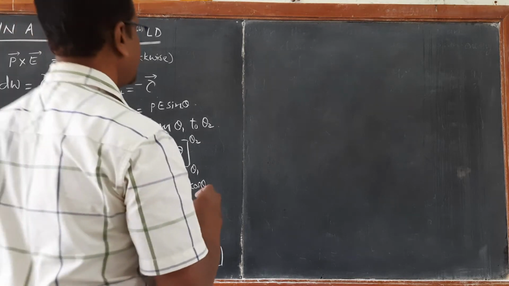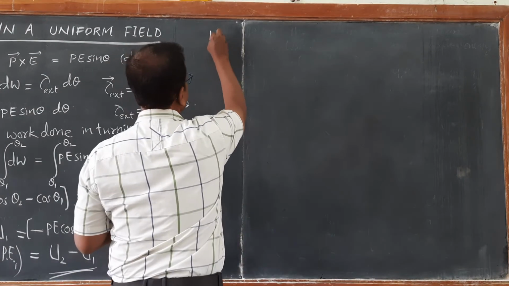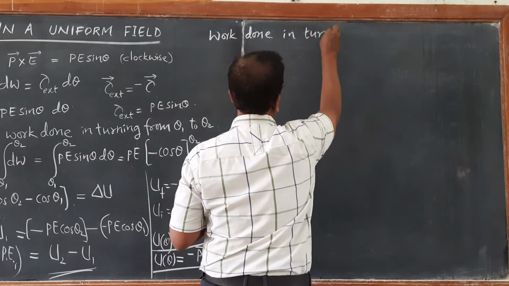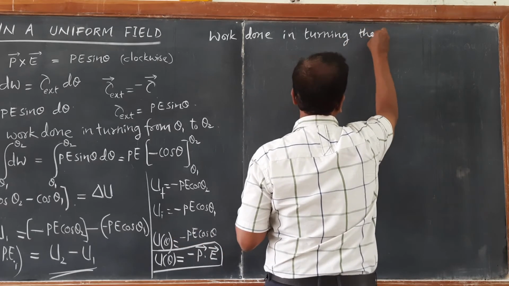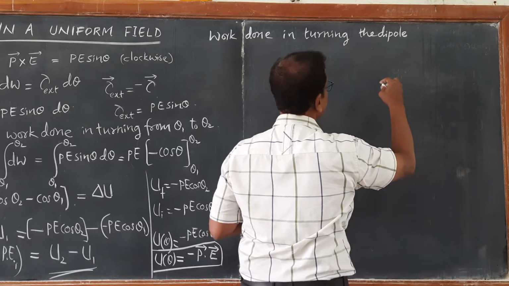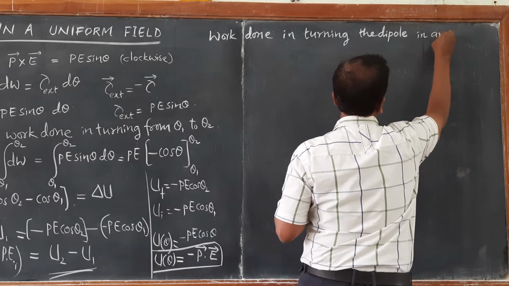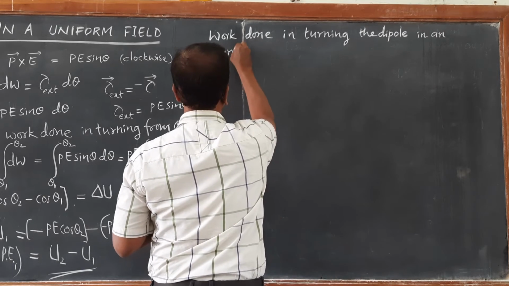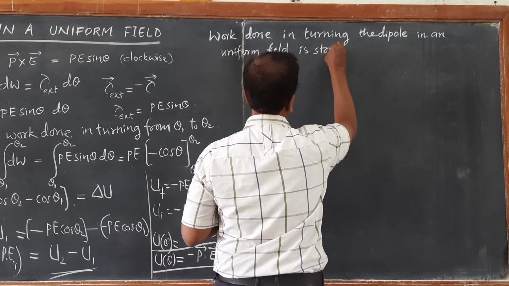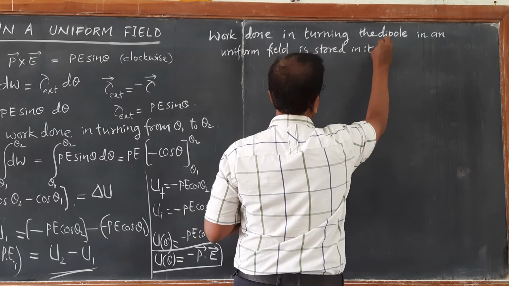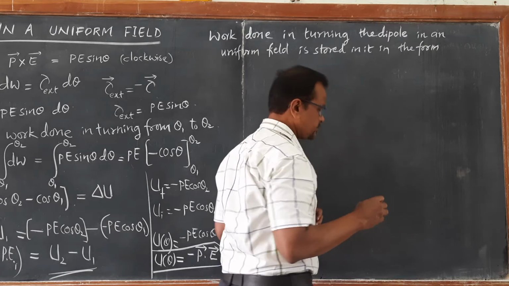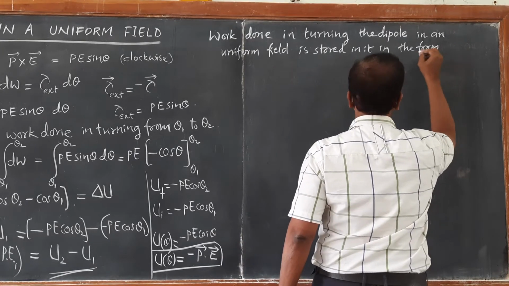Therefore, we can conclude that the work done in turning the dipole in a uniform field is stored in it in the form of electrostatic potential energy.